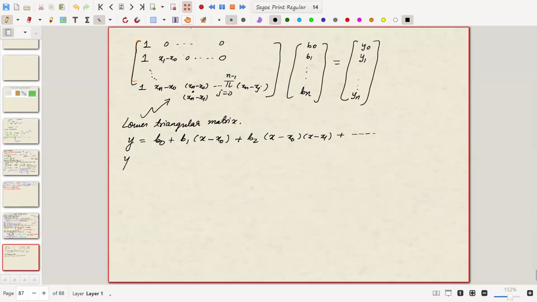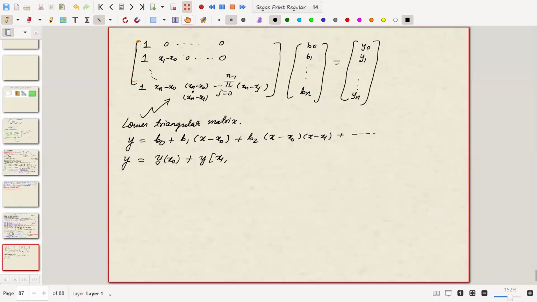Okay. Now we found what B0 is, right? Y0, good. Y0 or y of x0. Y of x0 plus B1, can you tell me in terms of the notation?